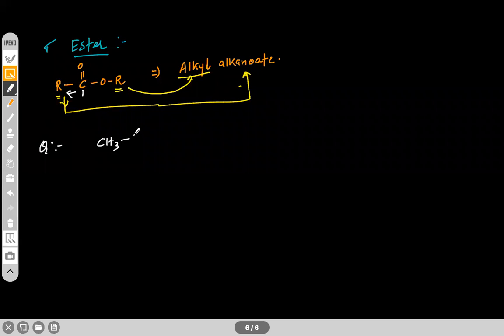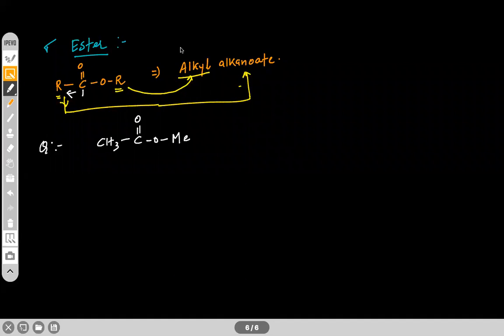CH3, C double bond O, OMe. What is the name of this compound? What is this?